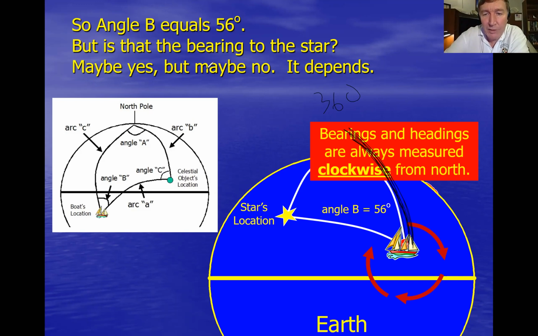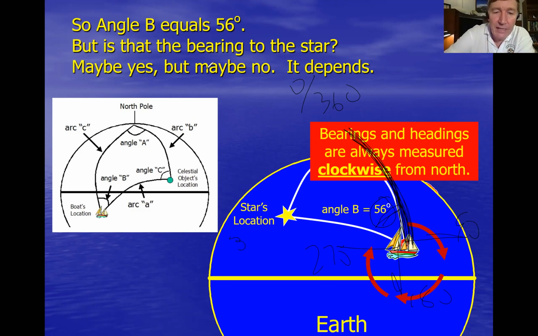Remember how compasses work: North is 0 or 360, East is 90, South is 180, West is 270. So if we point at the North Pole and then rotate to the left by 56 degrees, that will tell us what angle we need to go to.